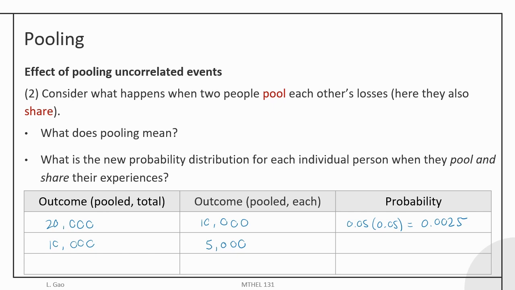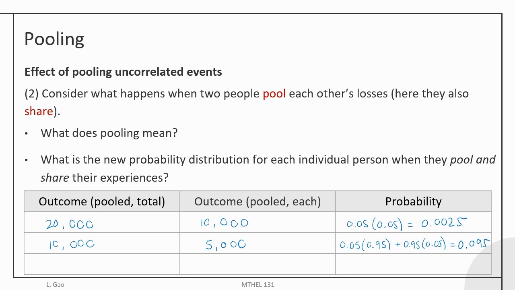That would be if the first person has a car accident and the second person does not, but it could also be that the first person does not have a car accident and the second one does, recognizing that there are two ways of having $10,000 as the total loss between the two. So this is going to be equal to 0.095.